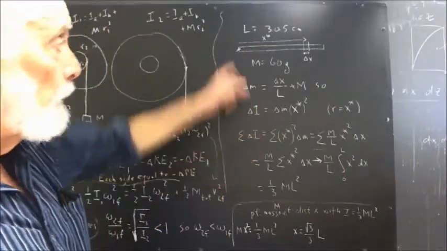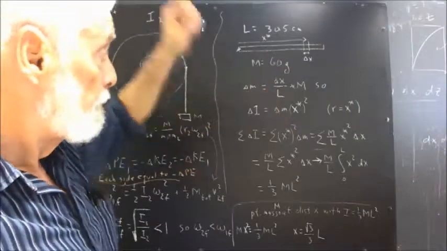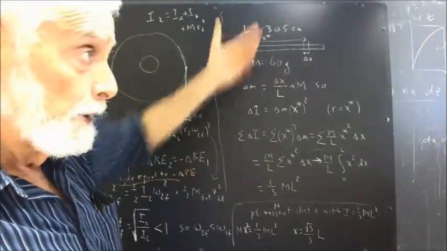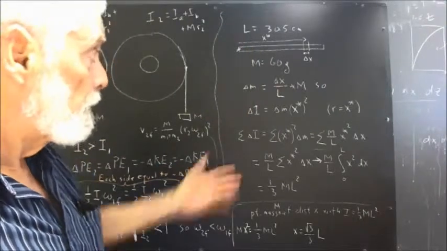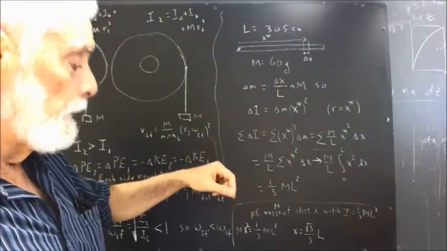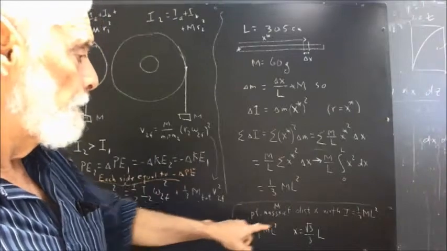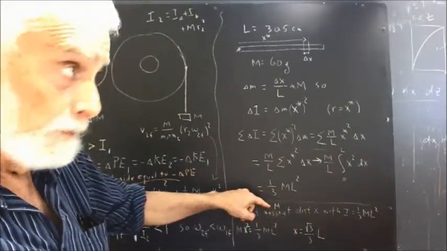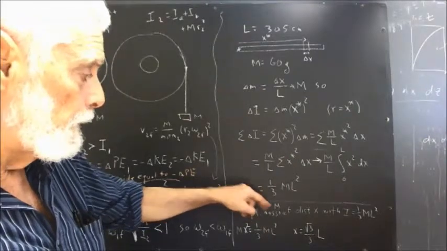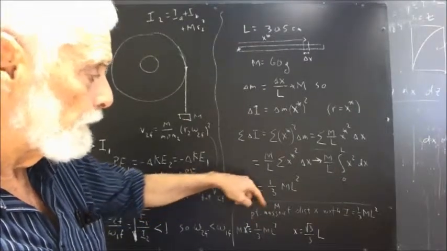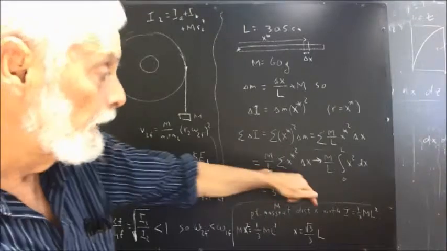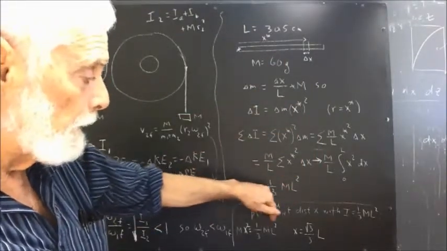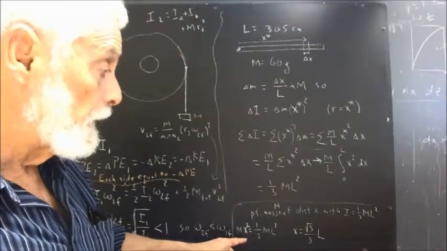Okay? A question came up. Where would a point mass of 60 grams have to be to have the same moment of inertia? Well, you can do that rather easily. You just let x be the distance at which you put your total mass m, and you set m x squared, which would be the moment of inertia of a point mass at distance x from the axis of rotation, equal to your 1/3 m L squared, and solve for x.